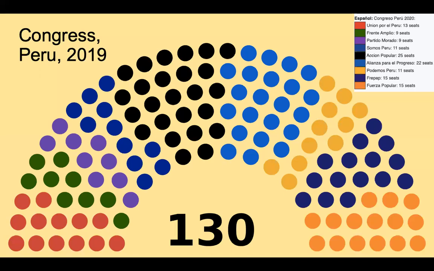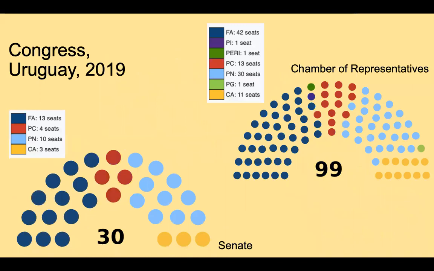And similarly, the Peruvian Congress hasn't been particularly productive in terms of legislating and pushing through necessary democratic and social and economic reforms in a country that desperately needs them to continue to grow and continue to prosper. In Uruguay, by contrast, there's been much more productivity, and it's difficult to say if the institutional differences account for the varying outcomes.